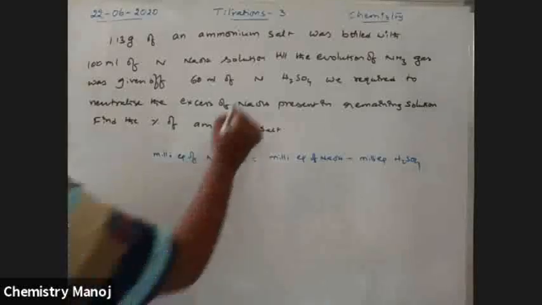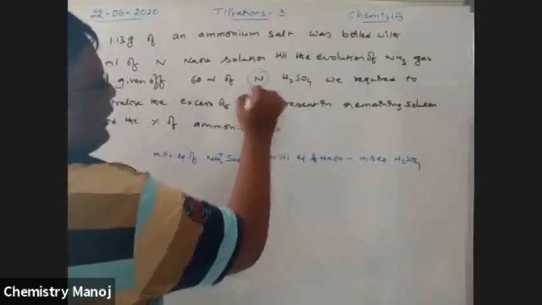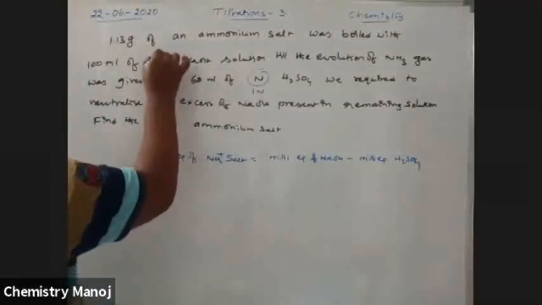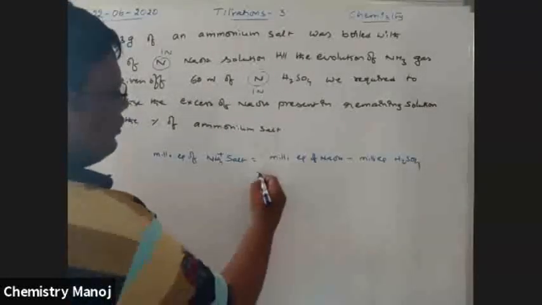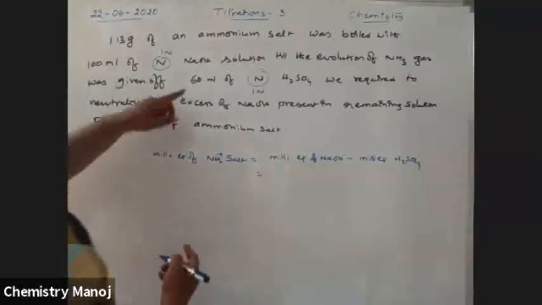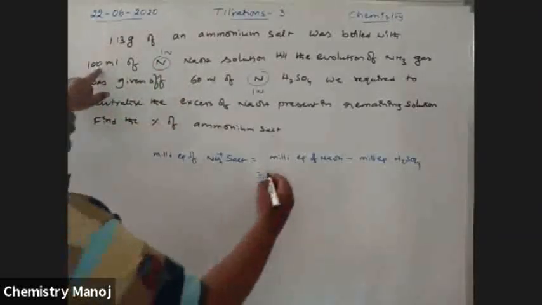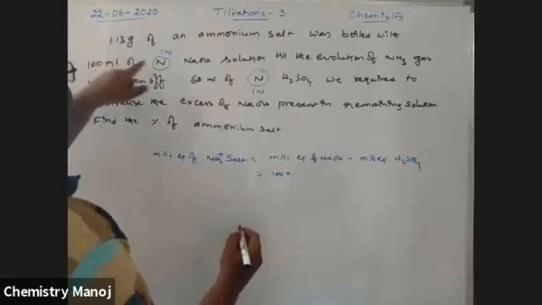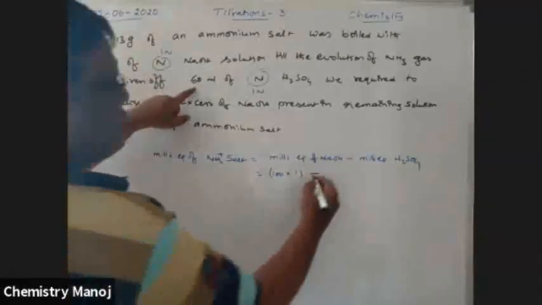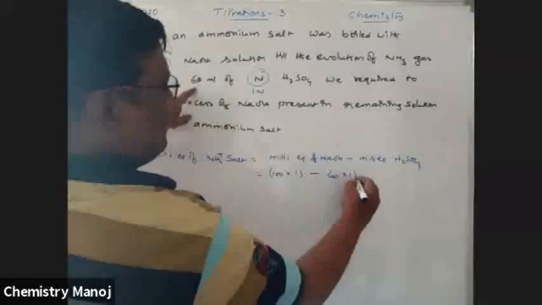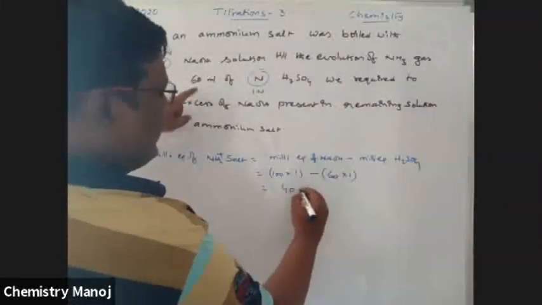My dear boys, here N means 1 N solution. That is the meaning of N solution. So milliequivalents of NaOH is equal to volume in milliliters, 100 ml into 1 N, minus milliequivalents of H2SO4, 60 into 1 N. That is equal to 40.